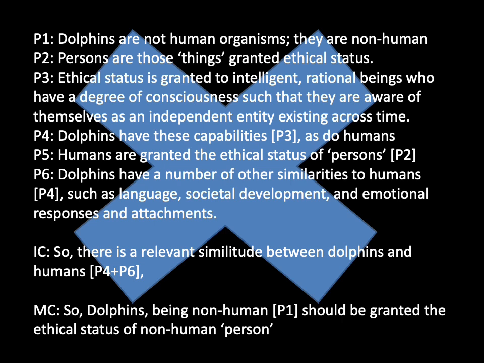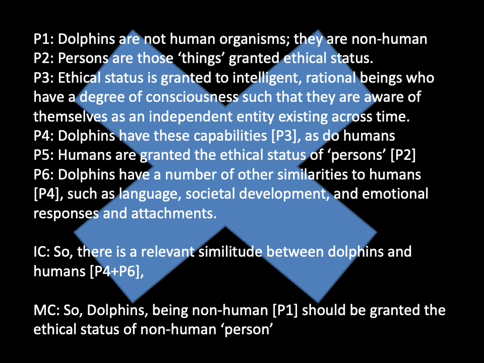Now, we might try to demolish this argument by attacking one of the premises here, such as premise 3, which looks to intelligence and conscious states. We might see this as a necessary condition for ethical status of personhood.